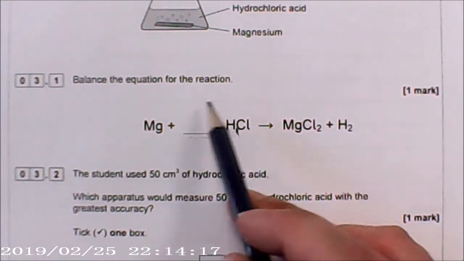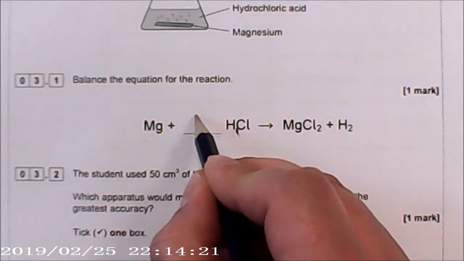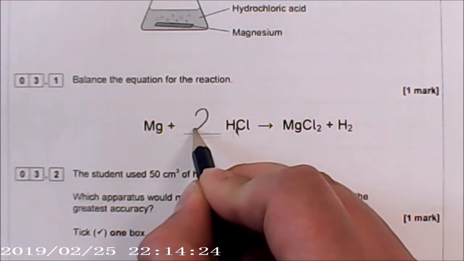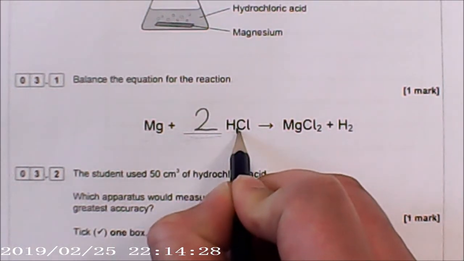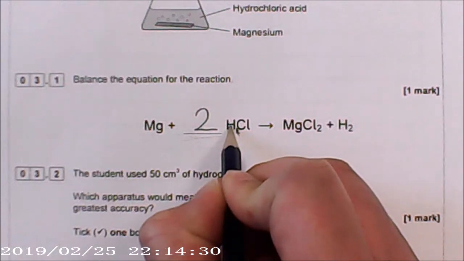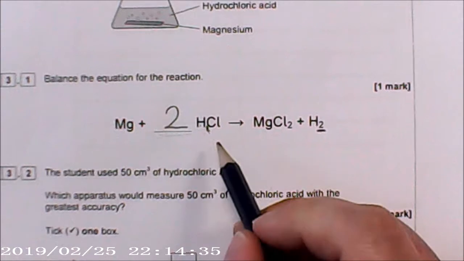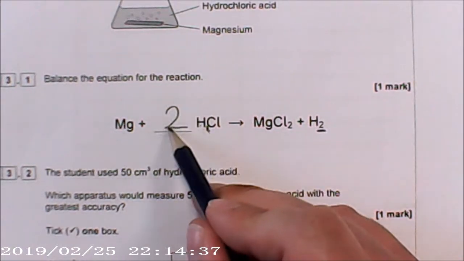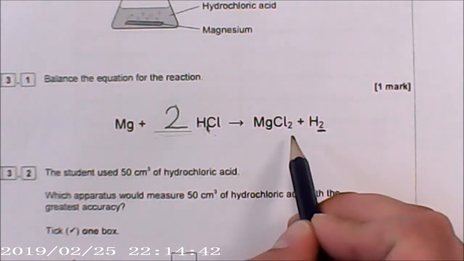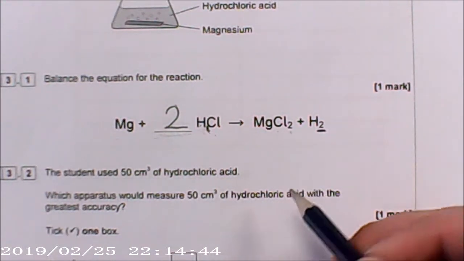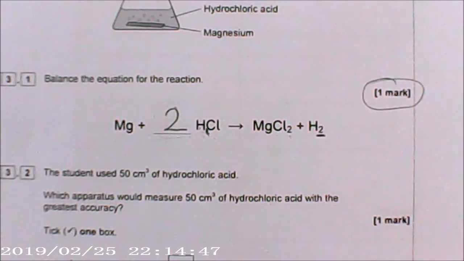So I need to get another hydrogen on this side, and the only thing you can do is put these numbers in front of the symbols. So if we put a 2 here, 2 times 1 is 2, so I've now got 2 hydrogens on this side, 2 hydrogens on this side. So the last one to look at is chlorine. So now that I've added this 2, I've also got 2 chlorines, and on this side there's 2 chlorines, so that is balanced. So well done if you got that. That is worth 1 mark.